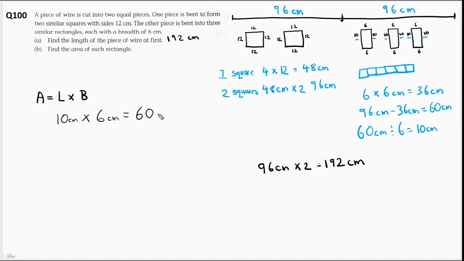And what are our units? Centimeters squared. This is an area. So that's the answer for this, 60 centimeters squared.